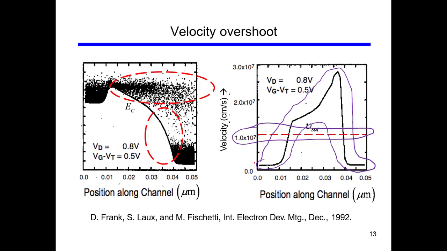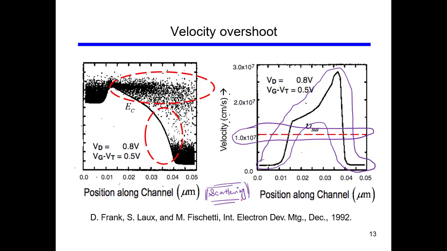So you see the velocity goes way up above 10 raised to the power 7 centimeter per second. And why is that? The reason is scattering. Scattering is a phenomenon in which the electrons collide with the surface of the oxide and with the atoms.